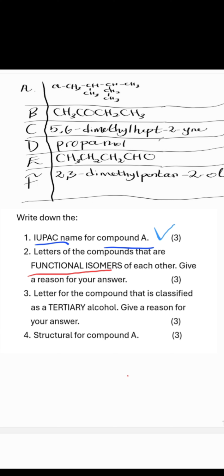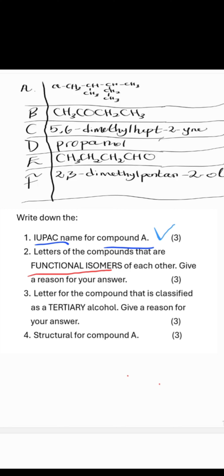So we have to ask ourselves a question, which is what are functional isomers? Before we even talk about that, it is worth mentioning that we have different isomers in this concept of isomerism. Isn't chemistry nice?